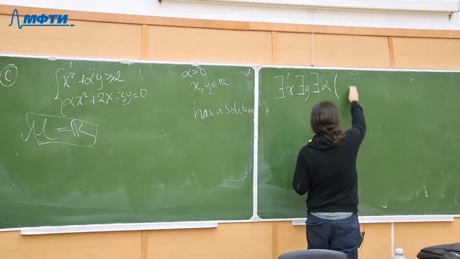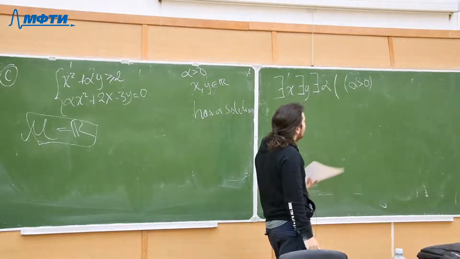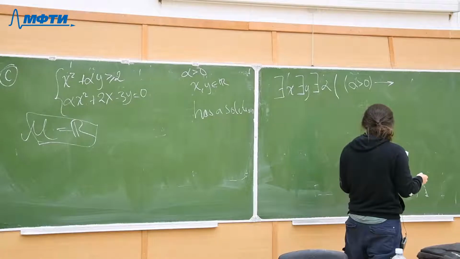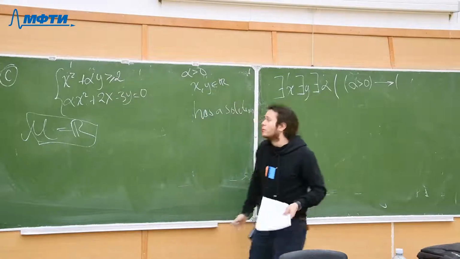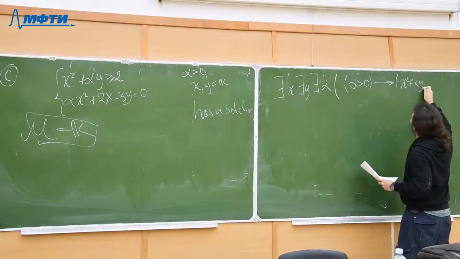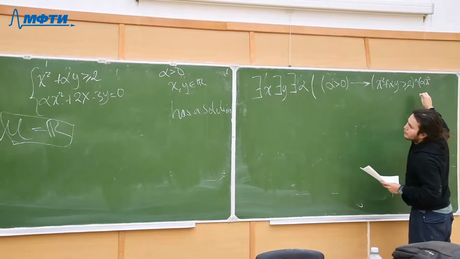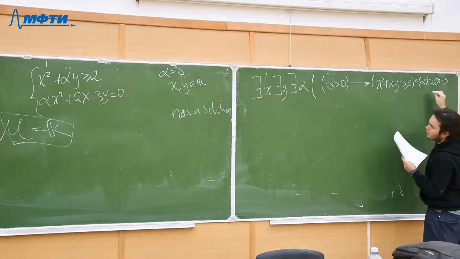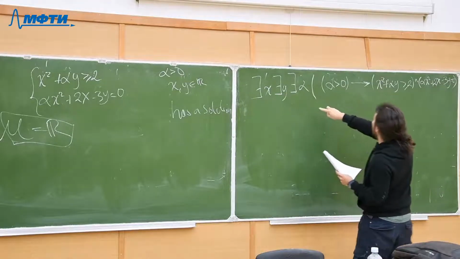Such that for some positive parameter alpha holds, so that this and this holds, and that's it, right? So x squared plus alpha y is, and alpha x squared plus 2x minus 3y equals 0.